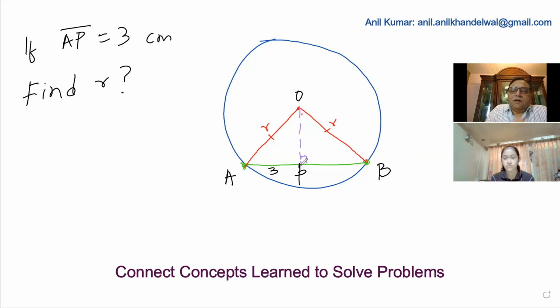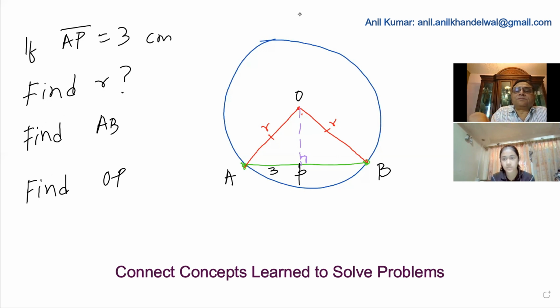Let's find A to B, and find O to P. A to B will be 6 centimeters because both sides will be the same.